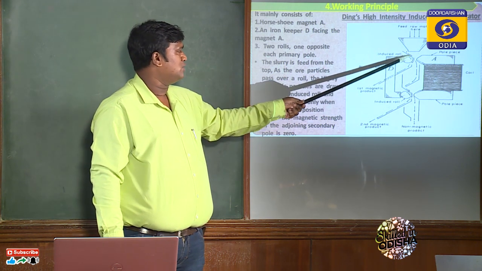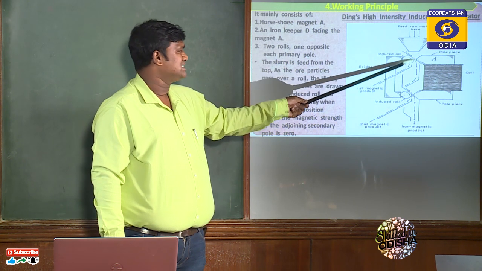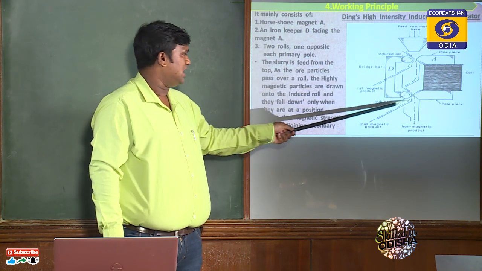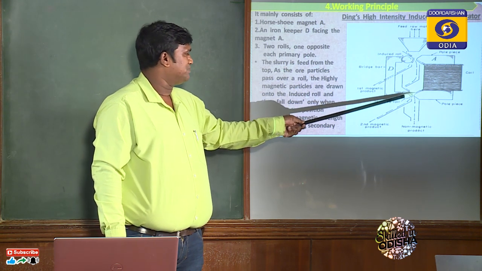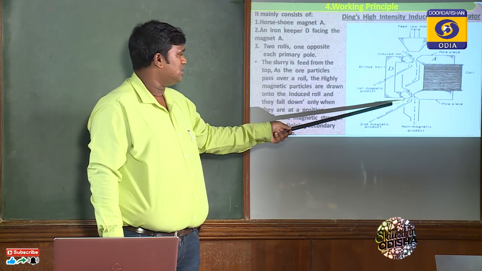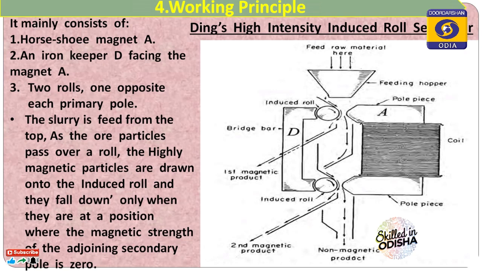When the weakly magnetic particles and tailings come into contact with the other induced roller, the weakly magnetic particles stick to the roller, separating the second magnetic product from the non-magnetic product.